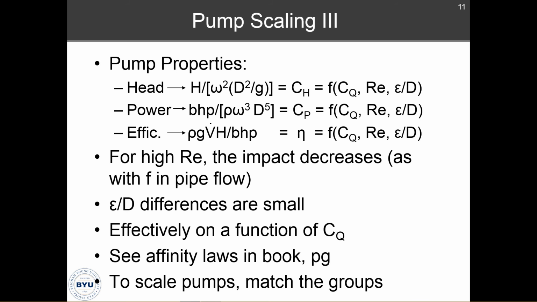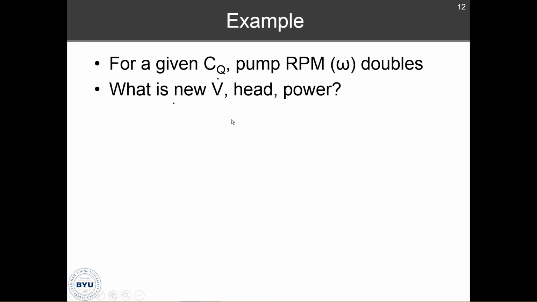Well, let's go back to these dimensionless numbers. You see up here we have the dimensionless number for head, power, and efficiency. The first question is how does it impact the flow rate? So what we can do is look just at the CQ number. How is flow rate impacted there?